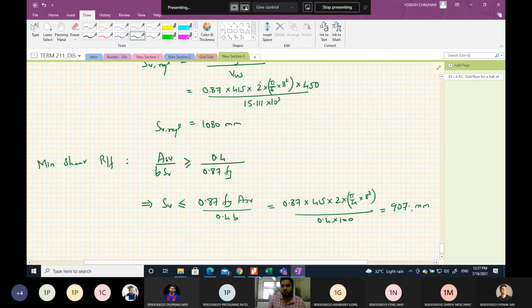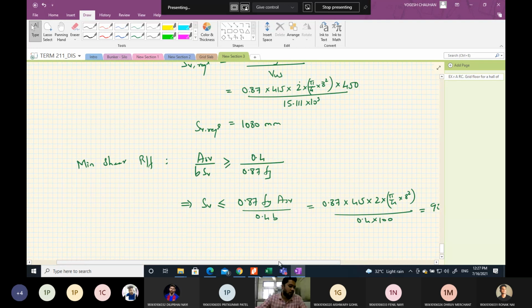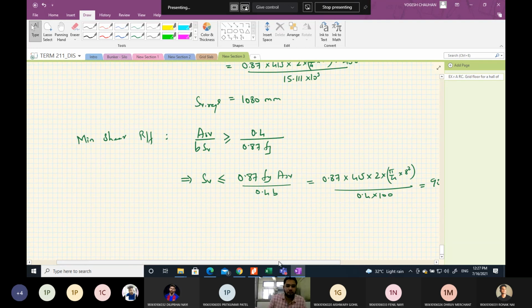Okay. Again, we also have to check the minimum spacing of S minimum, which is equal to minimum of 0.75 d or 300 mm.